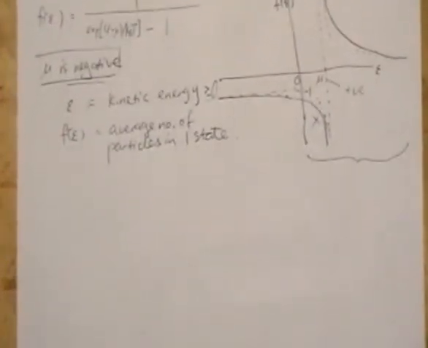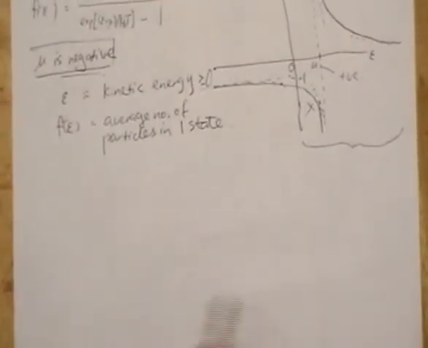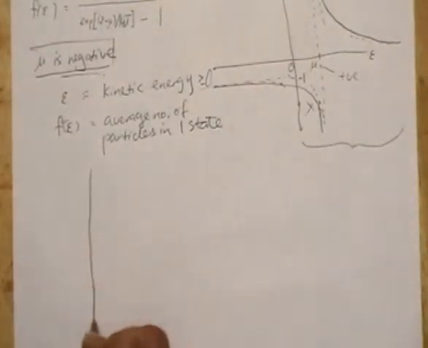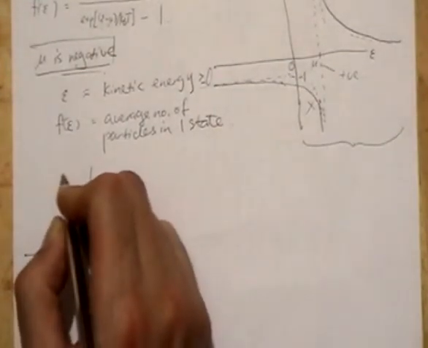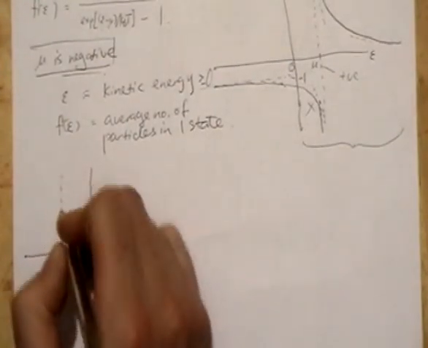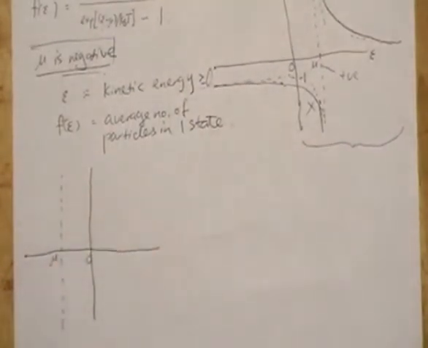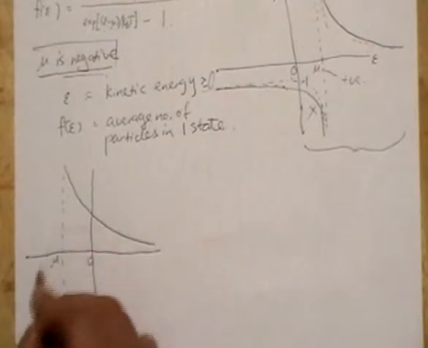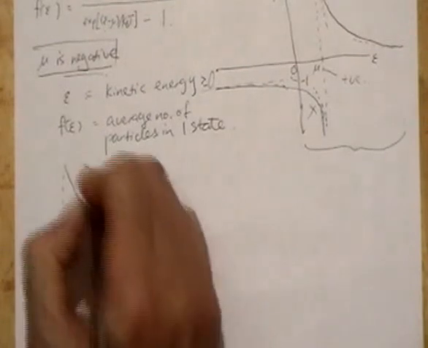So let's sketch that. We have a negative mu. We have the same curve.